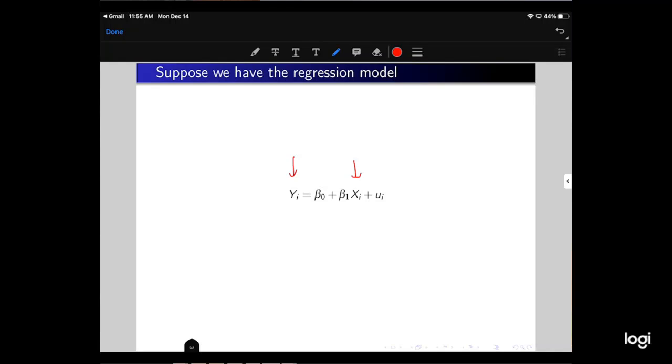One thing I haven't mentioned yet is that the beta 0 and beta 1 are constants, at least in the population regression. But for the sample regression, even if we put hats on these, they are the same. We're implicitly assuming that these are the same for every person or every observation in our data set, right? So the betas are not indexed by i. There's no i there. So what we're getting is the average relationship between y and x.